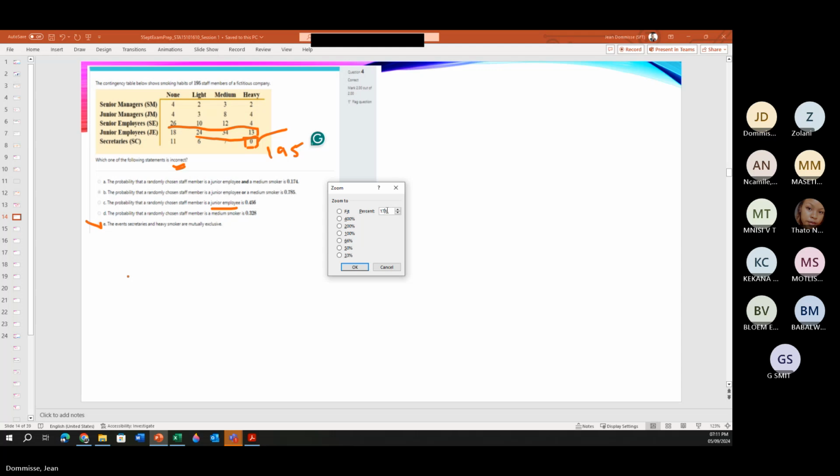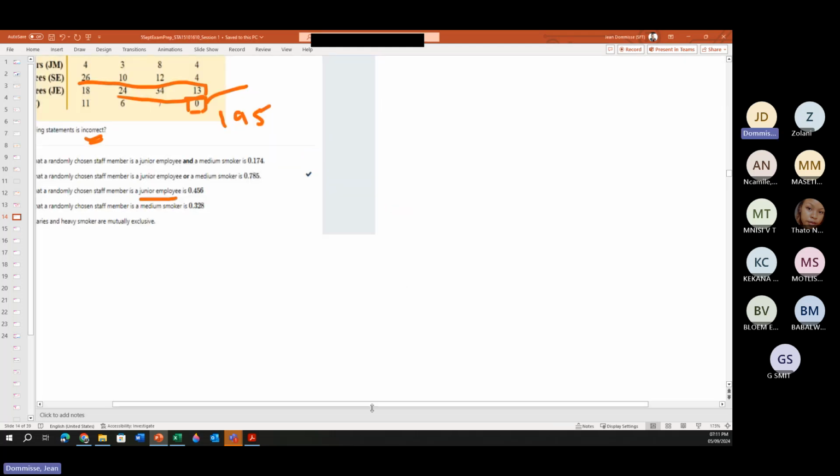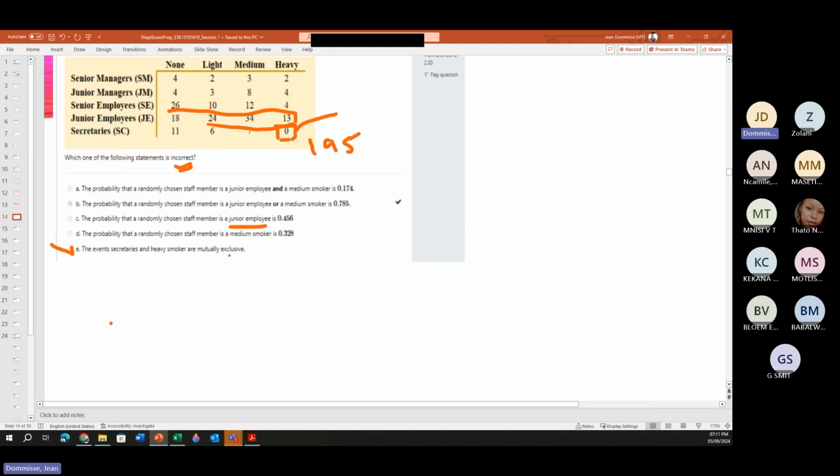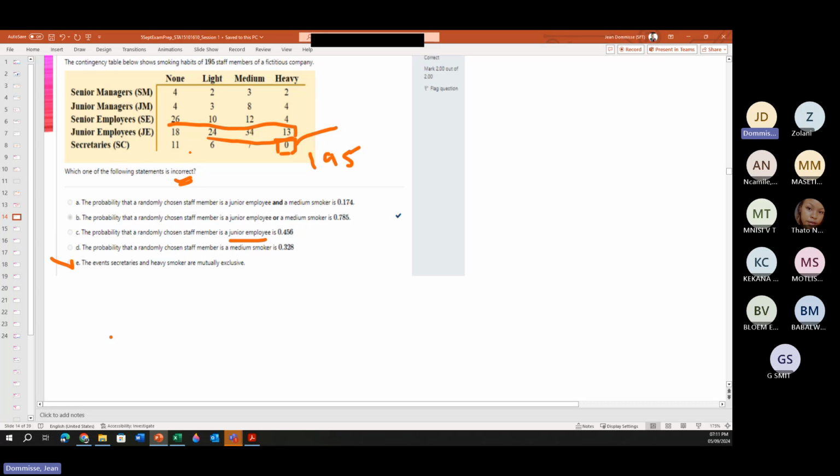Let's just do that. 18 plus 24 plus 34 plus 13 is 89. 89 divided by 195 is equal to 0.4564. Okay, so unfortunately that is correct.